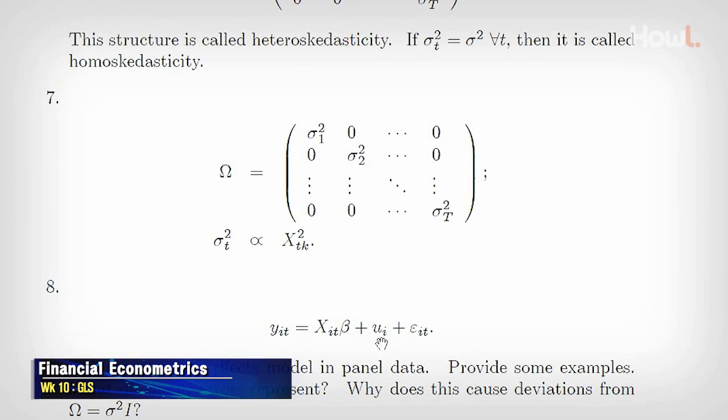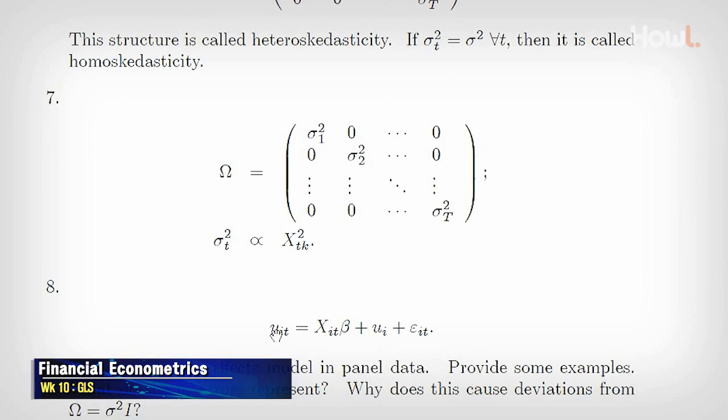And if this has two error structures, U_i and epsilon_it, where U_i may vary only across I, so it is an error only of I and independent of time, and epsilon_it is a shock to firm I at time T, this kind of structure is called the random effect model in panel data.